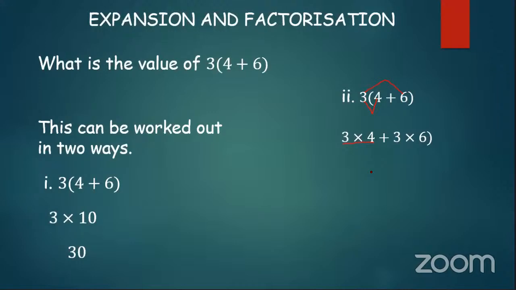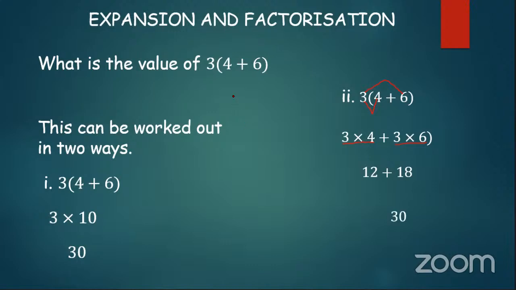What is 3 times 4? 12. And then 3 times 6? 18. So that means this would be the same as 12 plus 18. And what is 12 plus 18? 30.